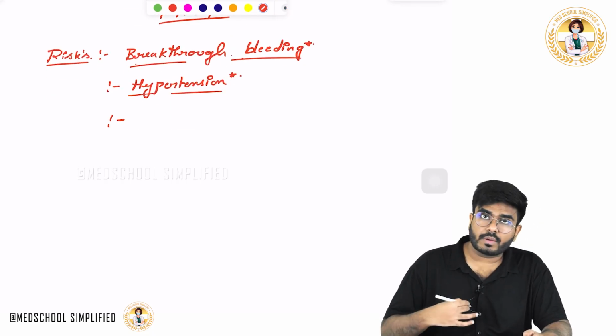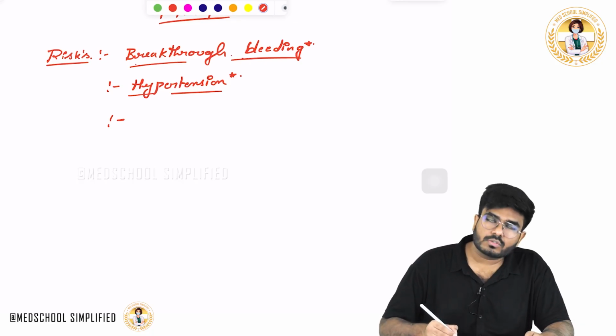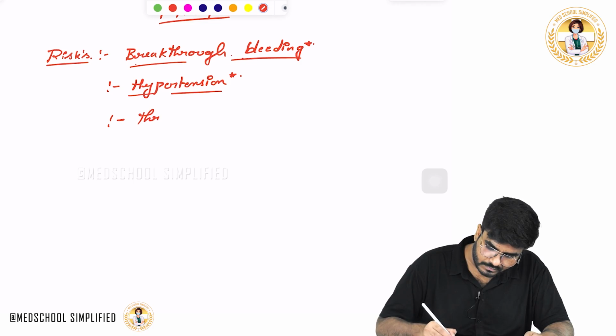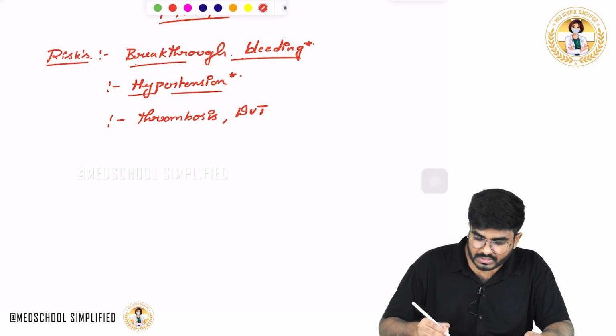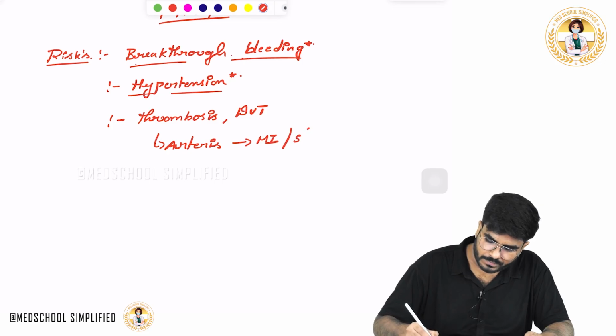They are taking the estrogens from outside, and estrogens increase the clotting factors in the body. So those females who are continuously taking estrogens have a risk of thrombosis, DVT, deep venous thrombosis, or sometimes the thrombosis can even occur in the arteries. That can lead to myocardial infarction or even stroke.